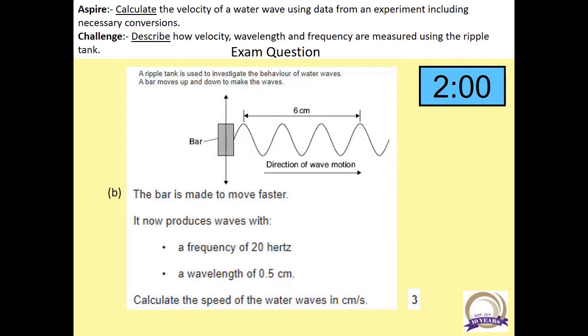The bar moves faster. It now produces a frequency of 20, wavelength of 0.5. Calculate the speed. Be careful because it asks for the speed in centimeters per second there.